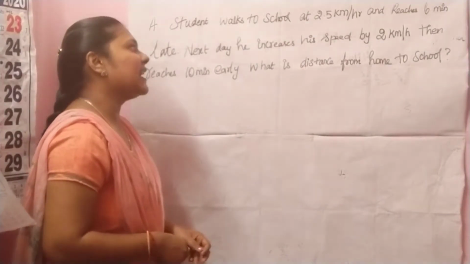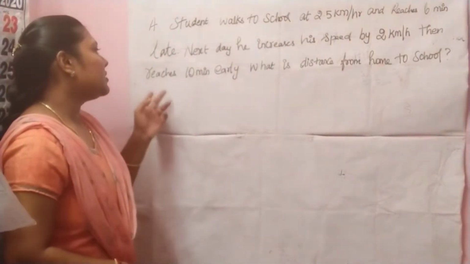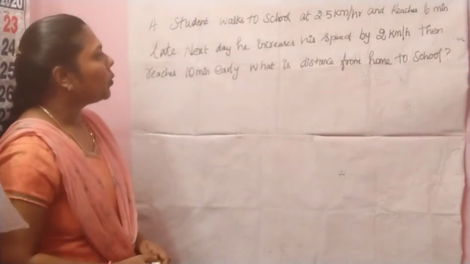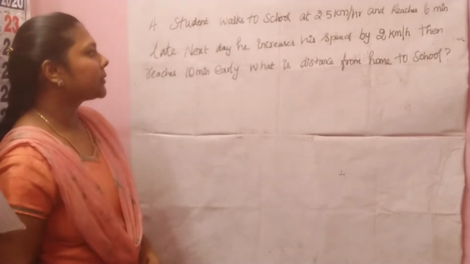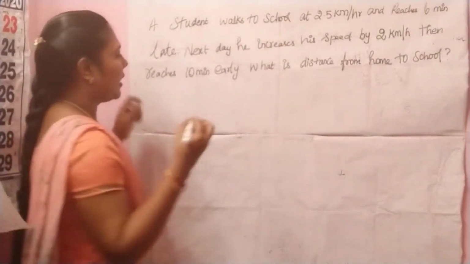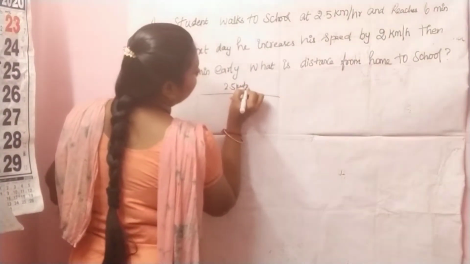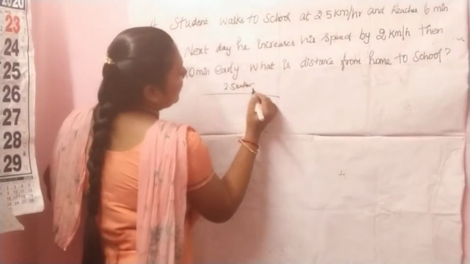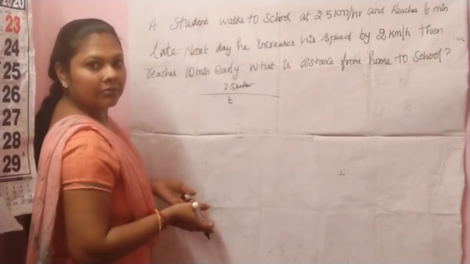Okay. Next problem: a student walks to school at 2.5 km per hour and reaches 6 minutes late. Next day, he increases his speed by 2 km per hour, then reaches 10 minutes early. Now, what is the distance from home to school? So, a student walks to school at 2.5 km per hour, but he reaches, where the actual time is T, 6 minutes late.